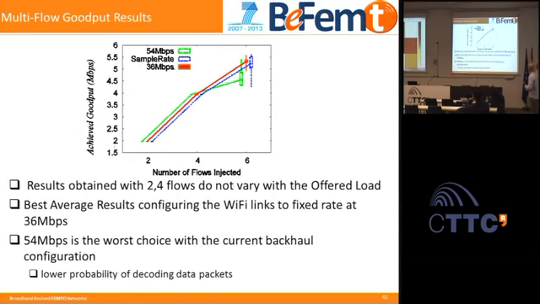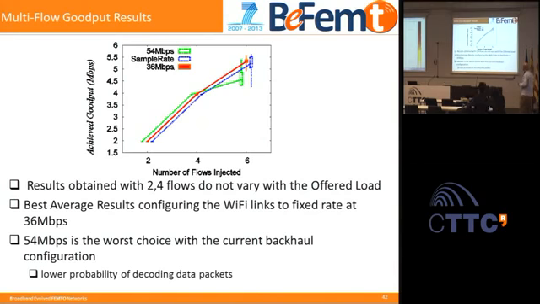And results show that, on the one hand, in the case of 2 and 4 flows injected into the network, the achieved goodput was not different for the different rate configurations. But in the case of 6 flows, we get an upper bound on this testbed setup.